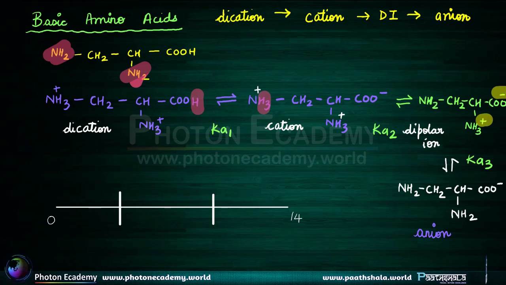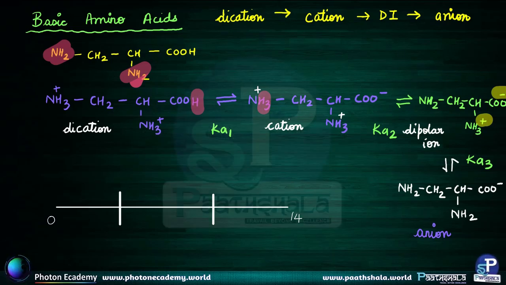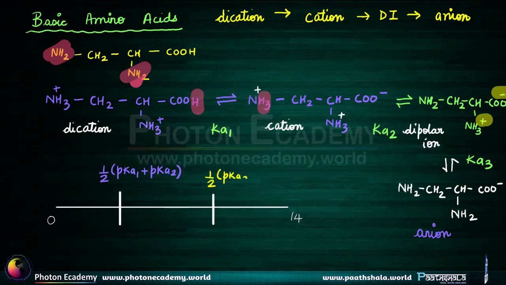Now, if we represent it on a pH scale, it can be divided into two parts. For the first part, the pH will be calculated by averaging pKa1 plus pKa2. The second pH will be found by half of pKa2 and pKa3.